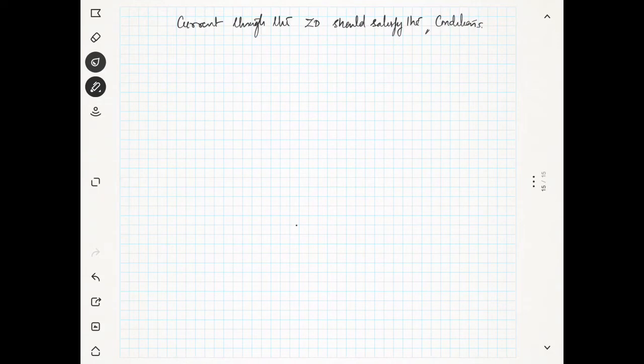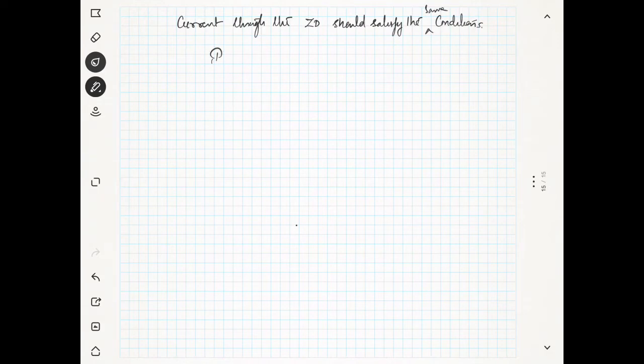We can conclude that the current through the Zener diode should satisfy some conditions. What are those conditions?